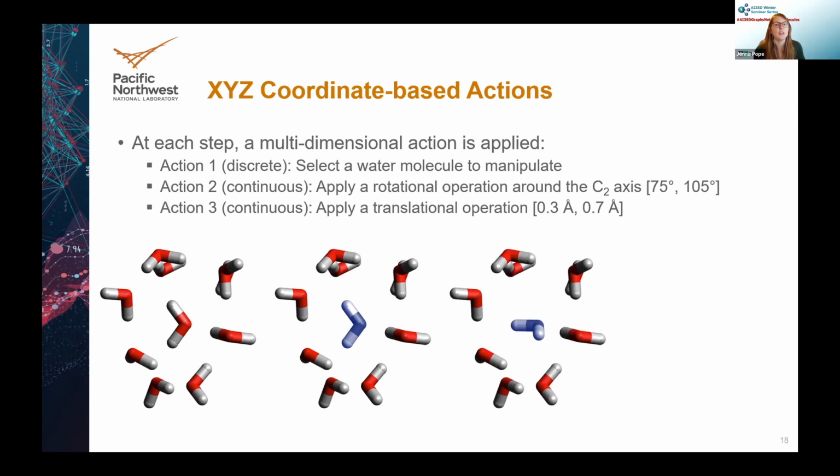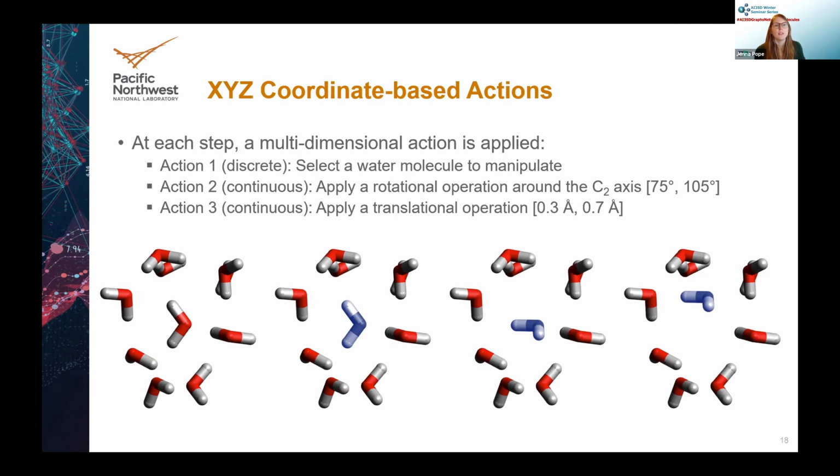This rotation was restricted to between 75 and 105 degrees, and this is to match the Monte Carlo temperature basin paving moves that were made in the generation of the database. And then finally, we also have a small translation from 0.3 to 0.7 angstroms, again, to match the moves that were used for the Monte Carlo temperature basin paving.